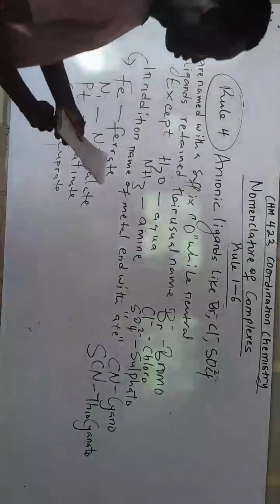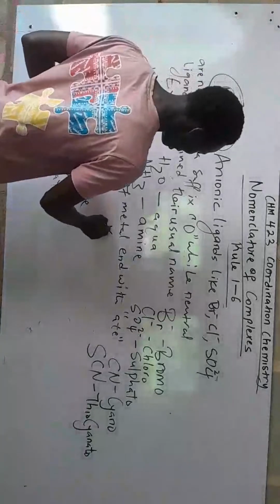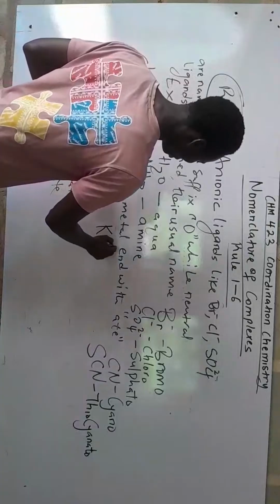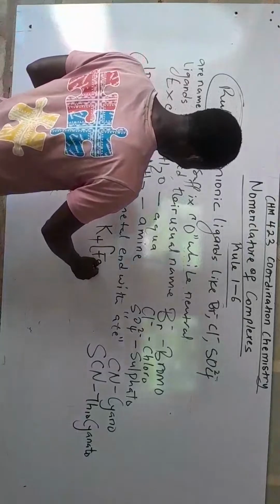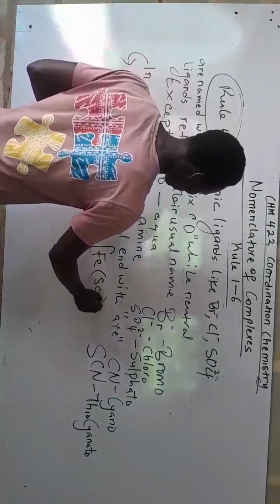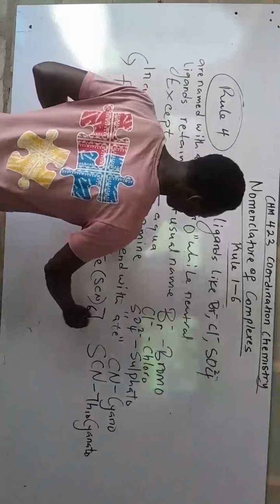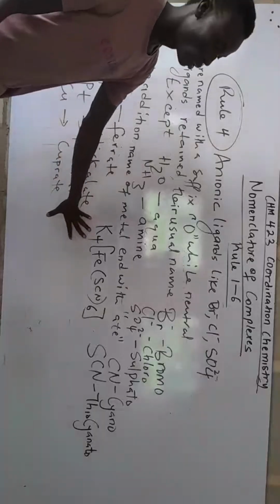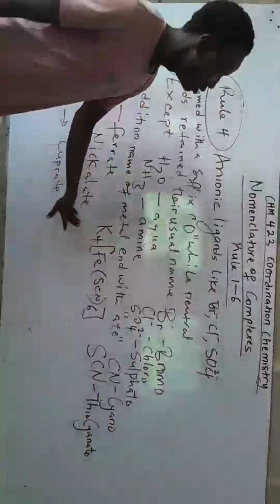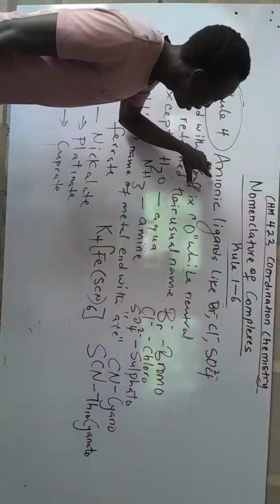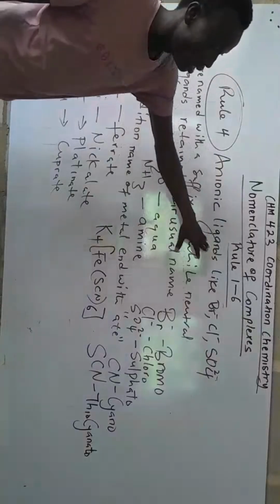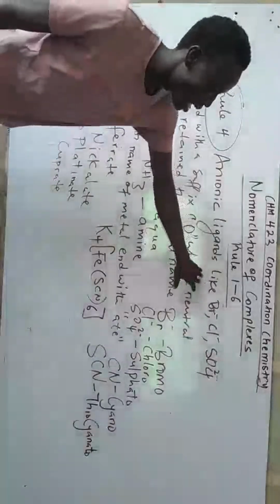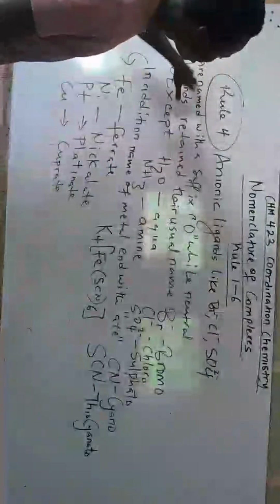Let's start with this. You have K3 in brackets Fe(SCN) close the bracket 6. Potassium will come first. After the potassium, look at it, they said the anionic ligands, like all these mentioned here, are named with a what?